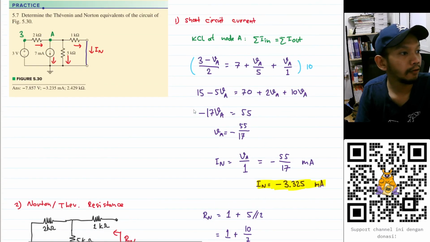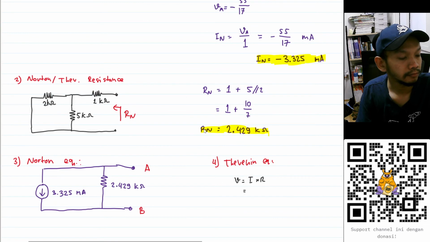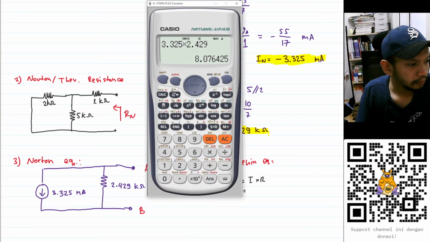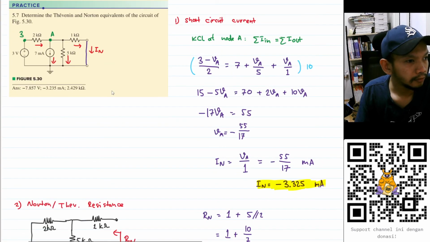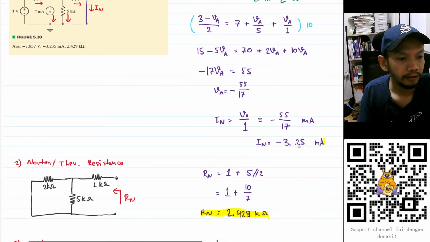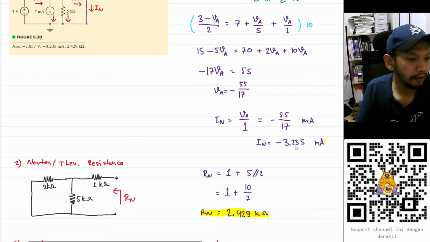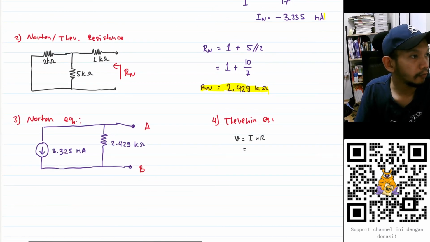Oh, I miscopied that. That is 3.235, not 3.325.